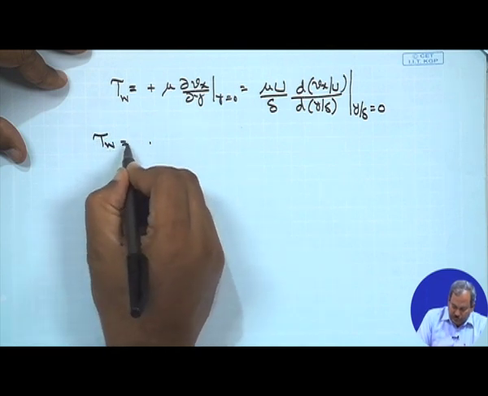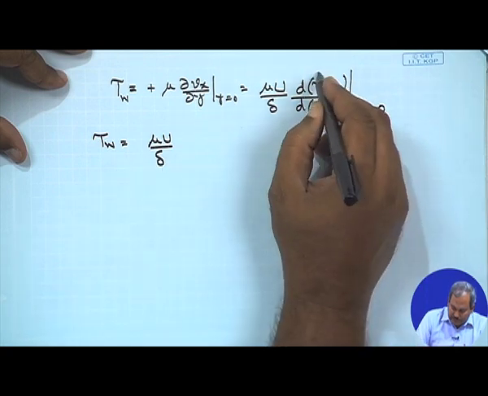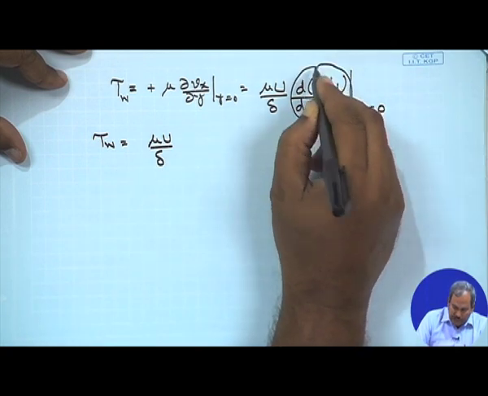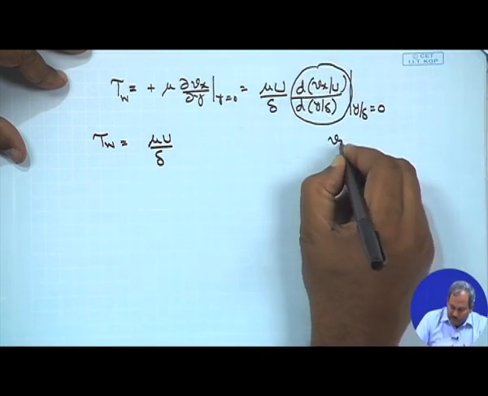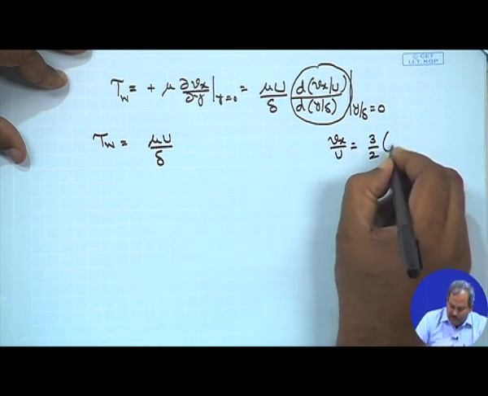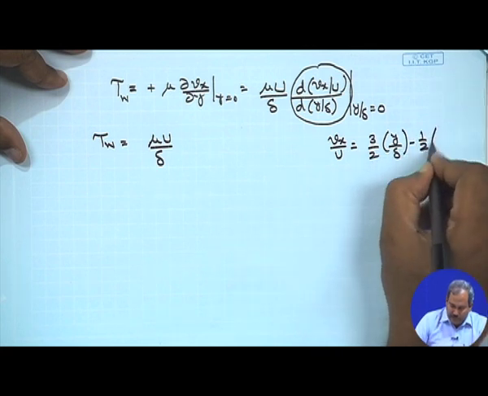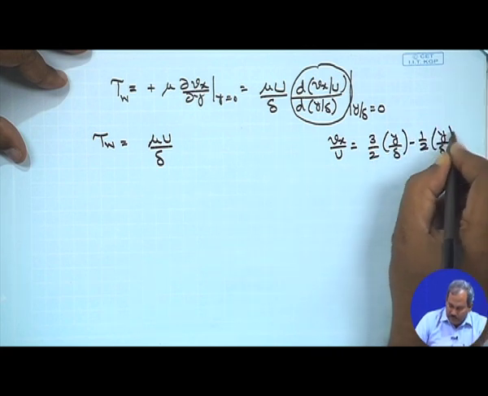Therefore your tau w would be equal to mu u by delta, and for this we plug in the expression of Vx by u that has already been provided, 3 by 2 y by delta minus half y by delta cube.